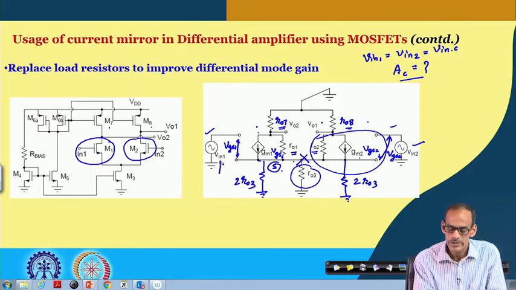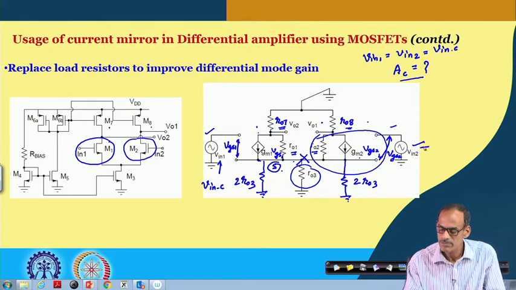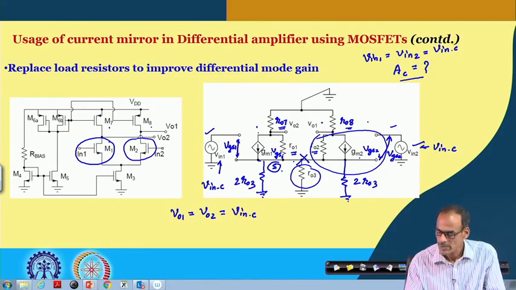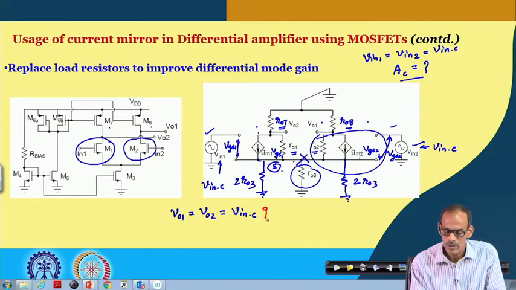And then this voltage, of course, this is Vin C, this is also Vin C, and from that you can find both VO1 equals VO2 equals Vin C multiplied by gm1 or 2, then multiplied by RO7 or 8, divided by 1 plus this degenerator.